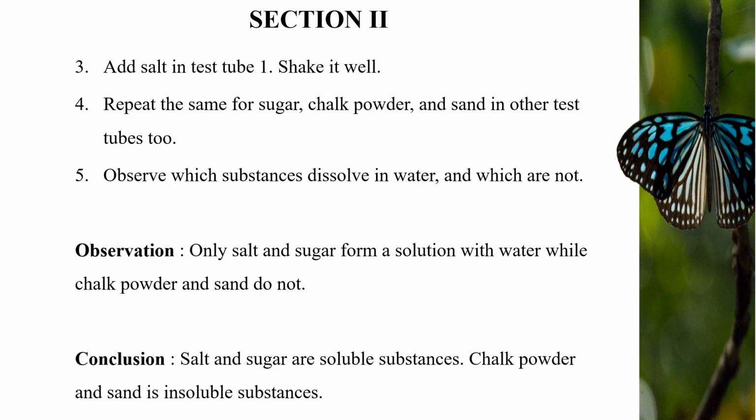Then add salt in test tube 1 and shake it well. Repeat the same for sugar, chalk powder, and sand in other test tubes too. Like add sugar in test tube 2 and shake it well. Add chalk powder in the third test tube and shake it well. And add sand in test tube 4 and shake it well.